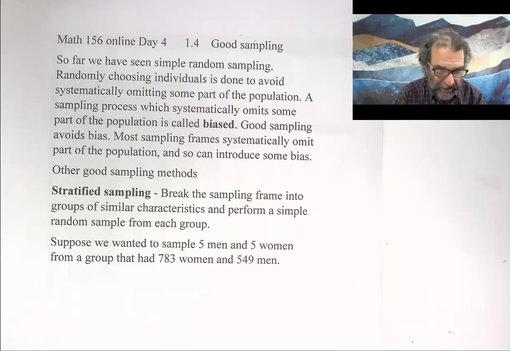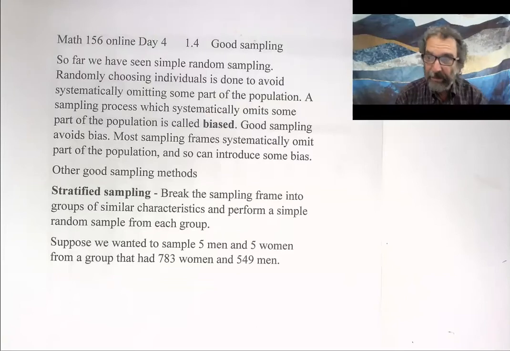If we were sampling humans, we might want equal numbers of men and women in our sample. So we would divide the sampling frame into men and women, and then sample equal numbers of individuals from each group, and we do that sampling in a random way. So we do simple random sampling in the 2 groups.